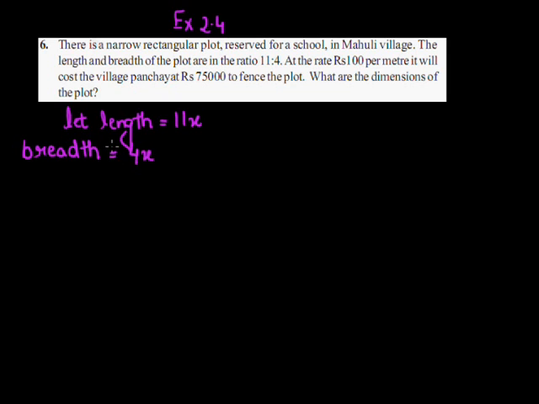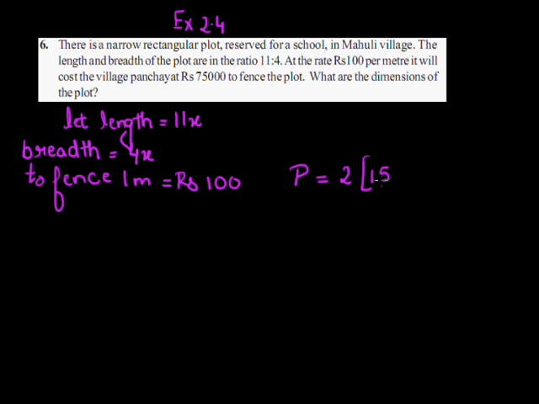Now it is said that to fence 1 meter, rupees 100 is required. The question is what are the dimensions of the plot. Now if I had to find the perimeter, the perimeter is equal to twice of length plus breadth, that is twice of 11x plus 4x, that is 30x.